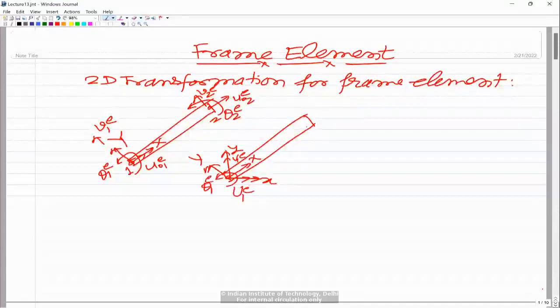Theta remains the same. At the second node you have U2e, V2e, and theta 2e. So these are the degrees of freedom in terms of the global coordinate axes.